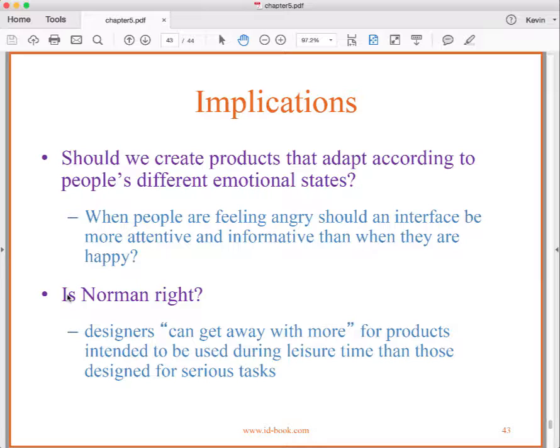But the fact is, even if this were true, that you could get away with more for leisure products than you could for, say, medical or avionics kinds of projects, would you want to? I'm not sure that you would.